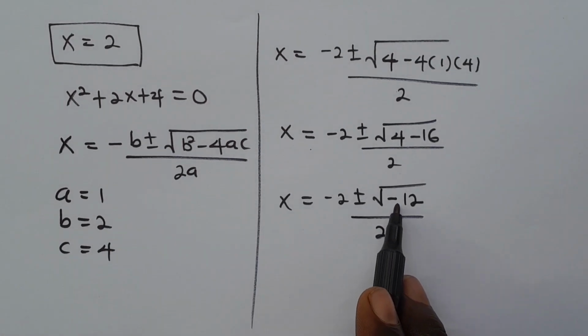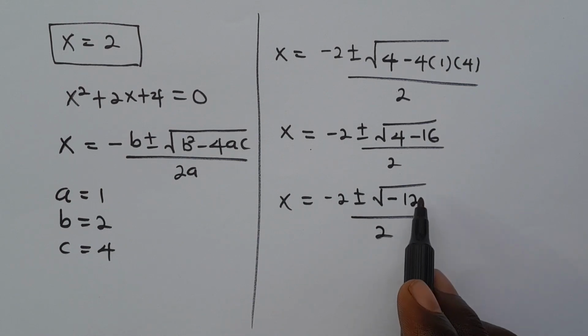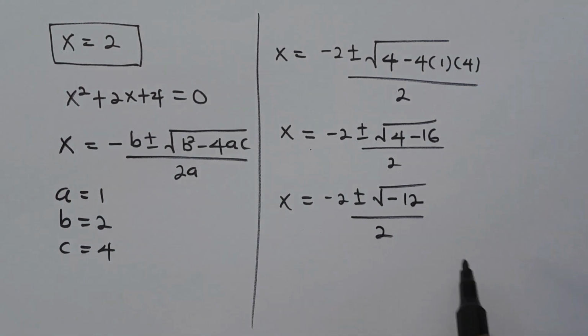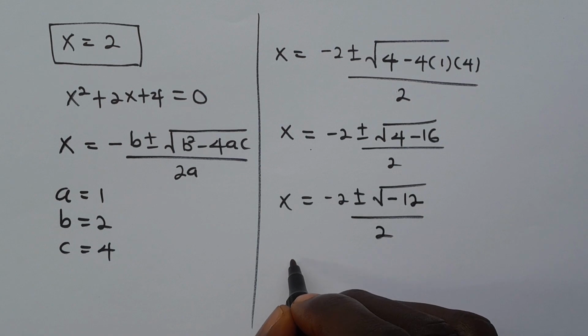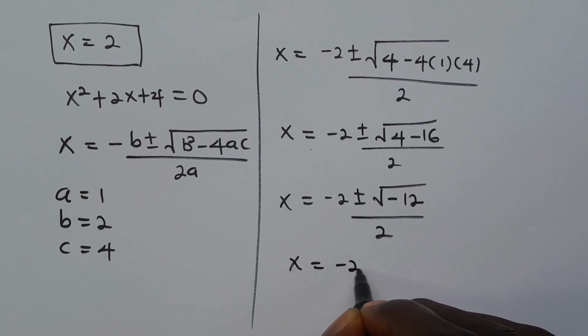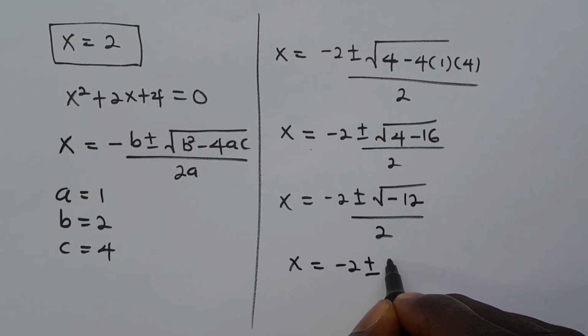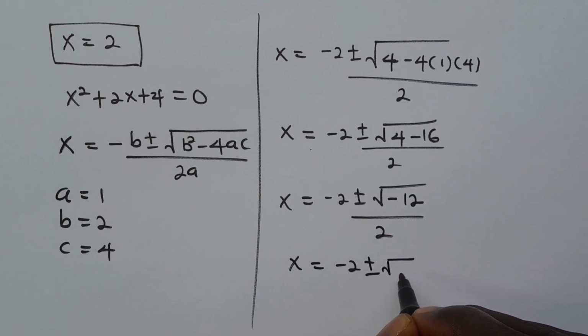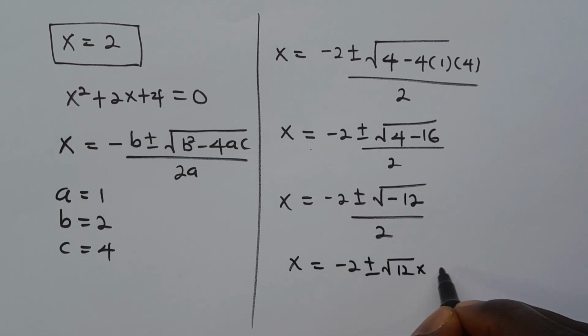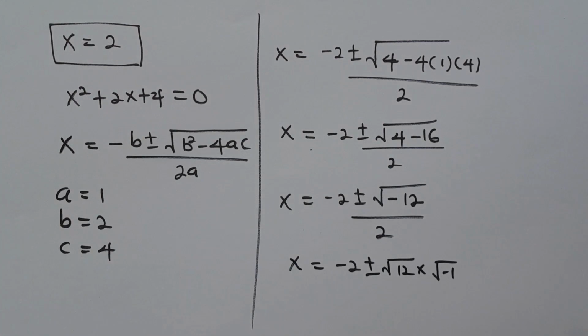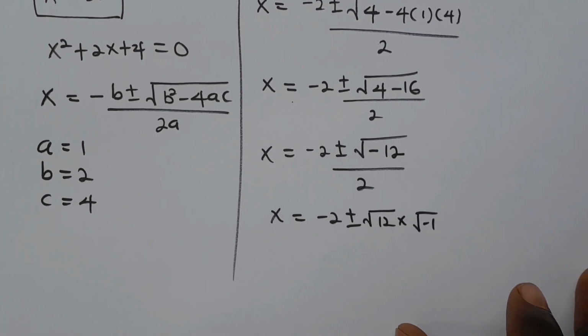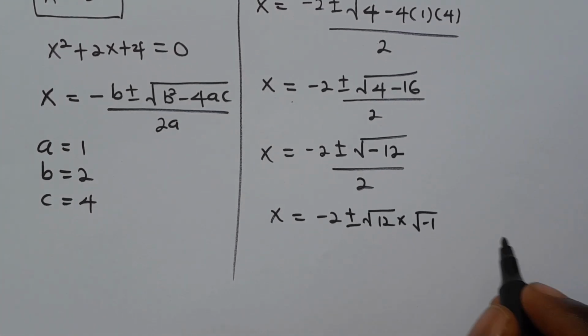So from here, this equals minus 2 positive or negative, square root of 12 multiplied by square root of minus 1, divided by 2.